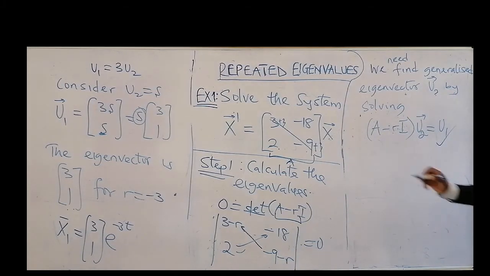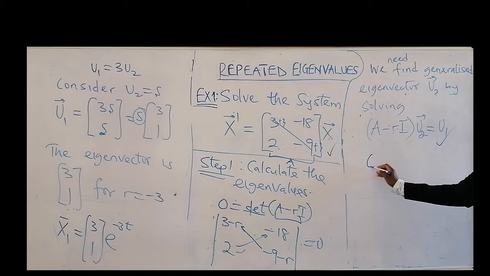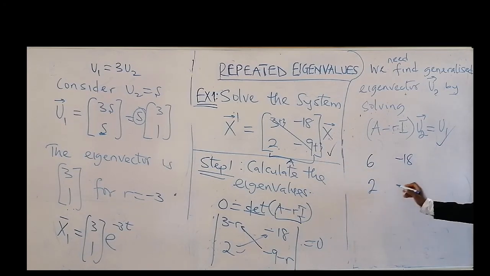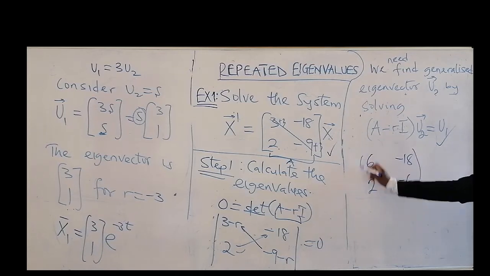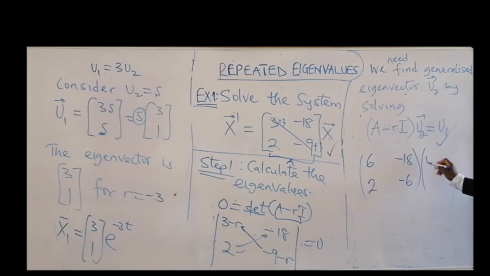Okay, this is my A. r is minus 3, so that would be 6, minus 18, 2, minus 6. Then here u1, u2 equal to, we have the u1 already.